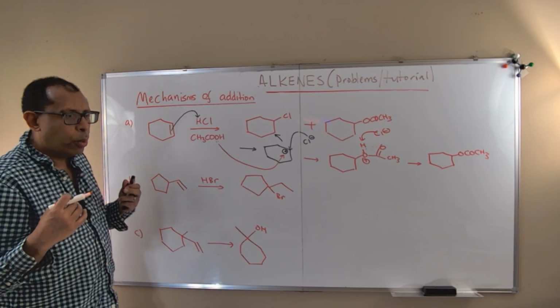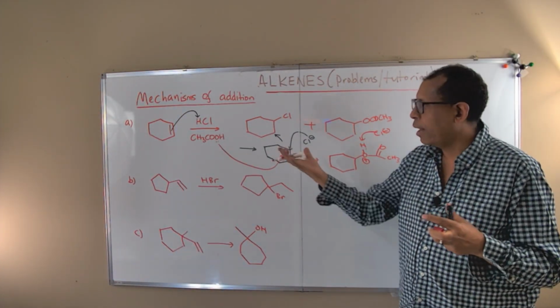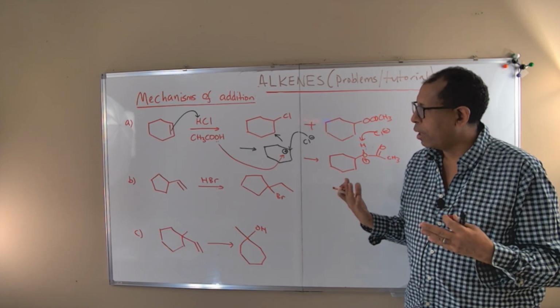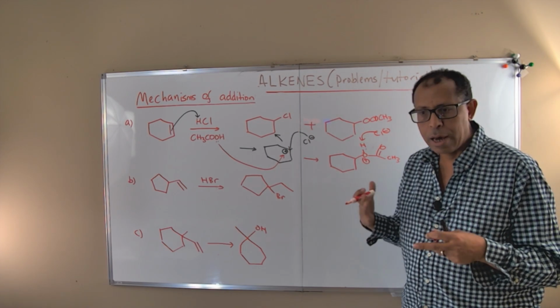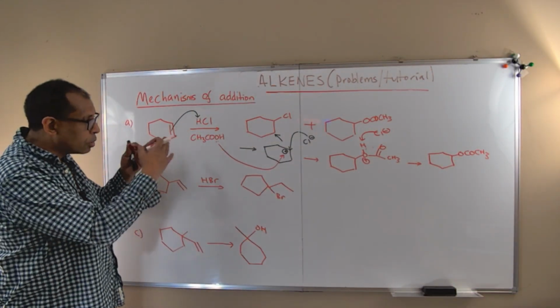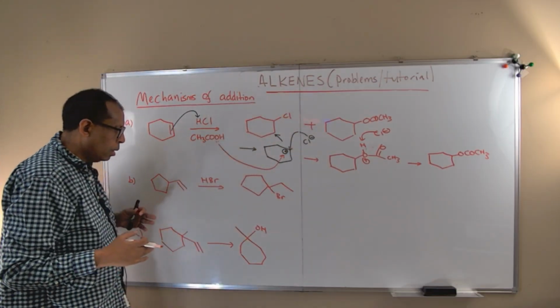So when you are asked the mechanism of a reaction, you want to clearly justify how those products formed by chemical intuition or by pushing arrows, which are logical and reasonable. So I justified how those two products could be formed.